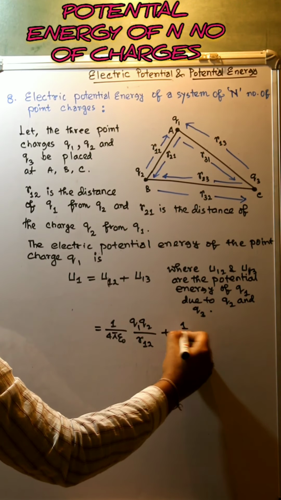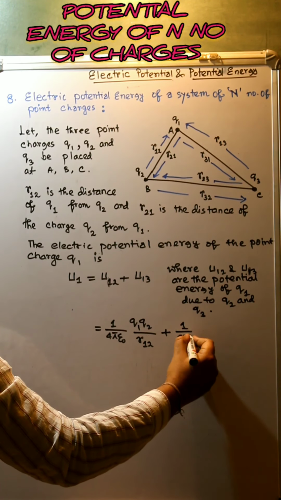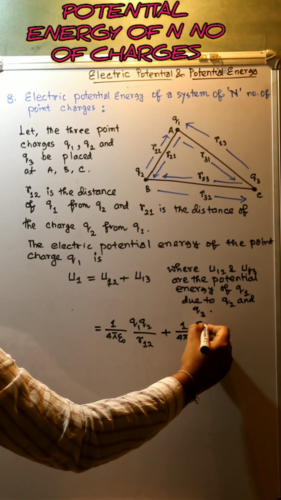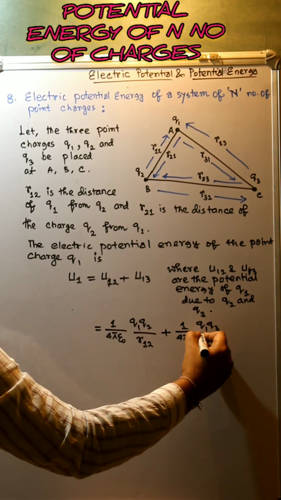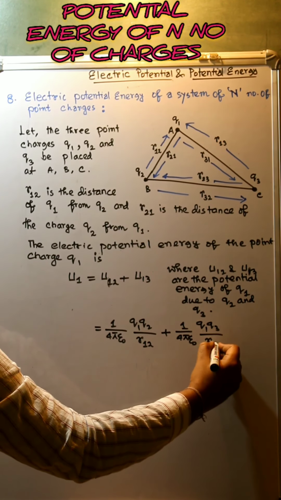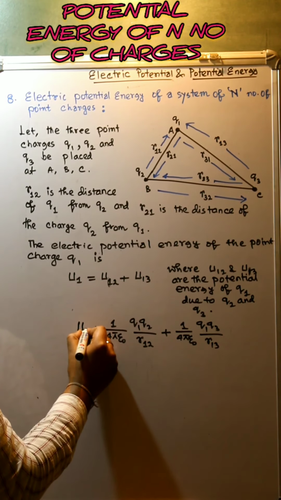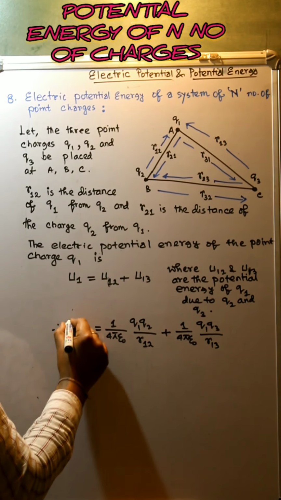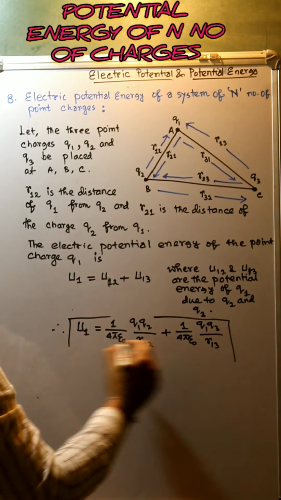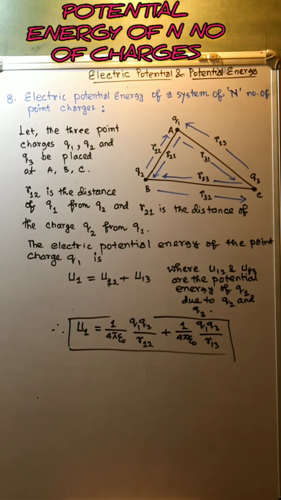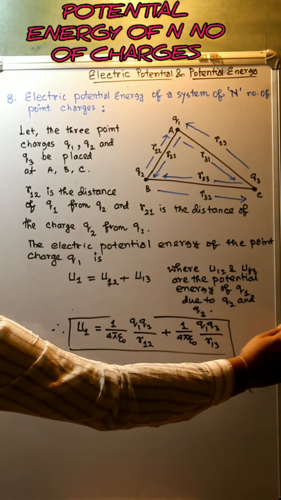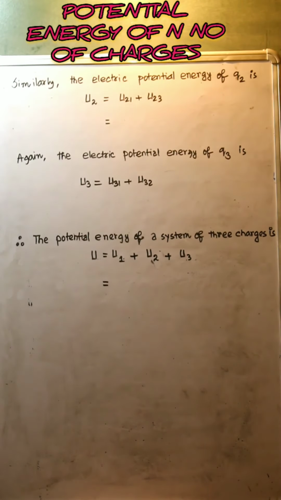So that will have the expression 1 by 4 pi epsilon 0 Q1 Q3 divided by R13. So this is the total potential energy of the point charge Q1. Then we have to find the potential energy of the other two charges. So if we move to the next page, then what we can write?